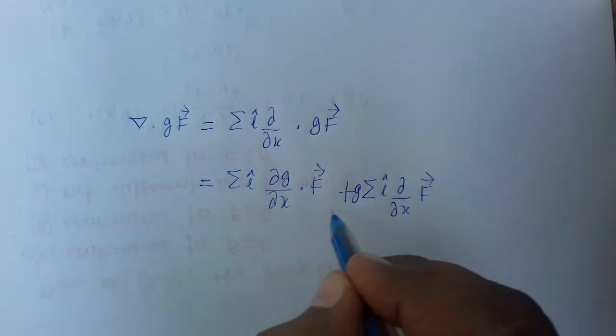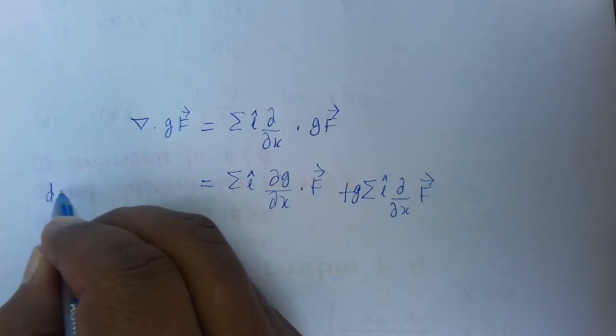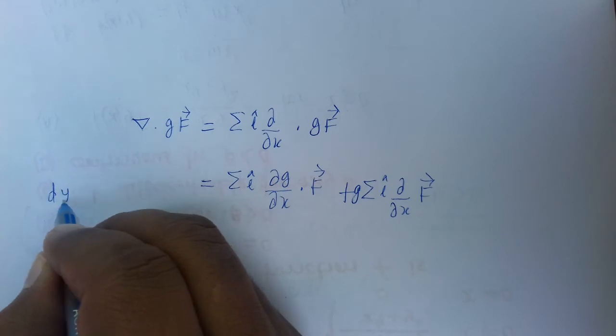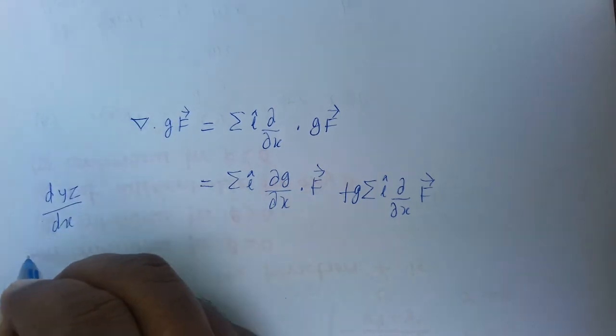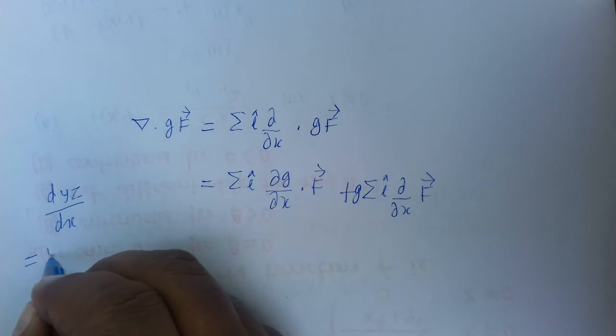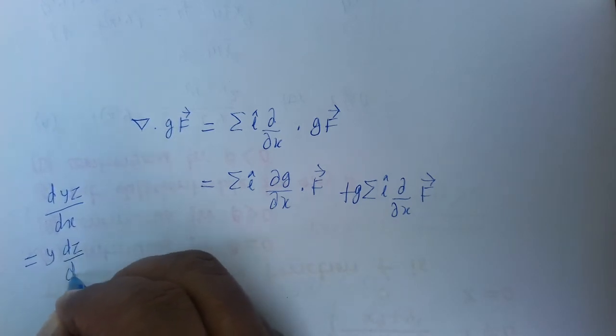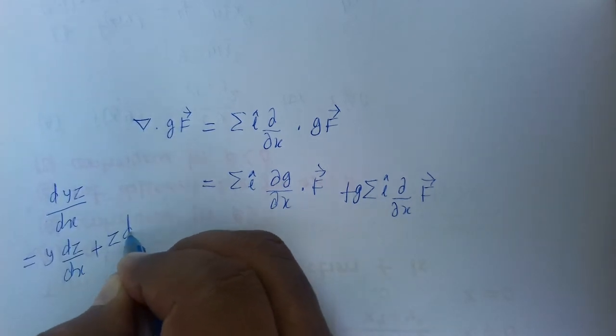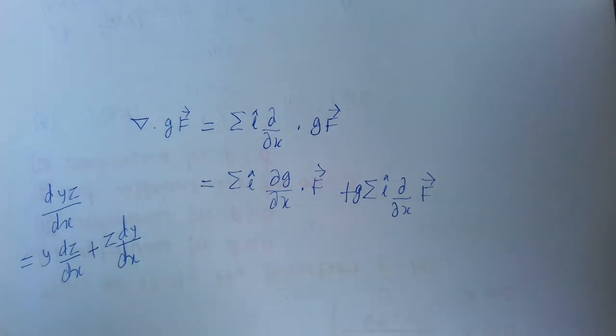Actually this part is written using this formula: d of yz by dx equals y dz by dx plus z dy by dx.